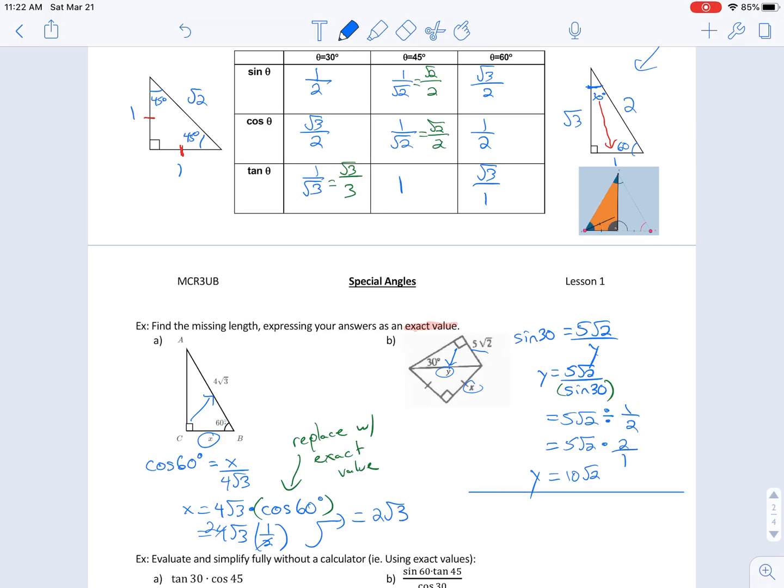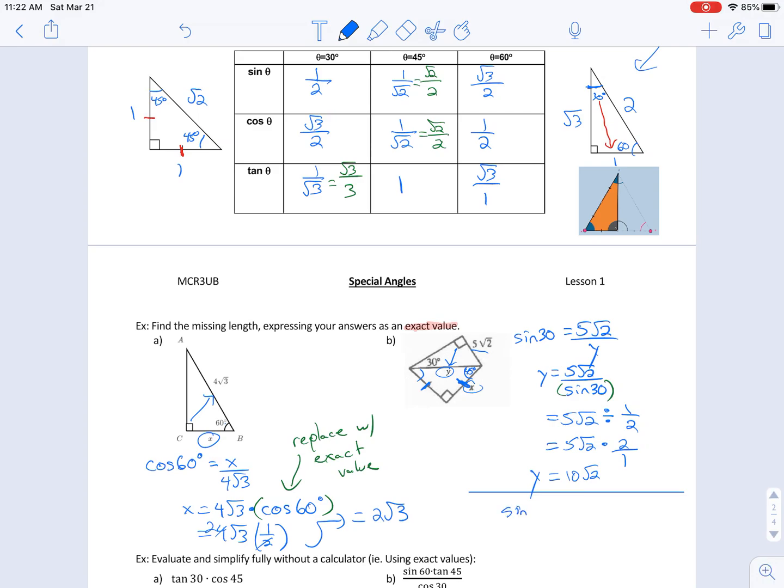So the x, if we look at that one, notice we've got the same side length here for both. So that means that this angle and this angle also have to be the same, which means it has to be 45. So if I want to solve this one, really I can use cos or sine, because I've got 45 and the adjacent side or opposite side is going to be the same, but I definitely need the hypotenuse.